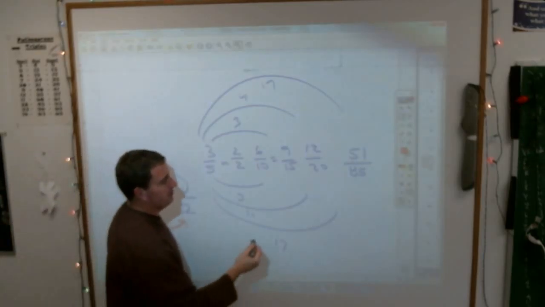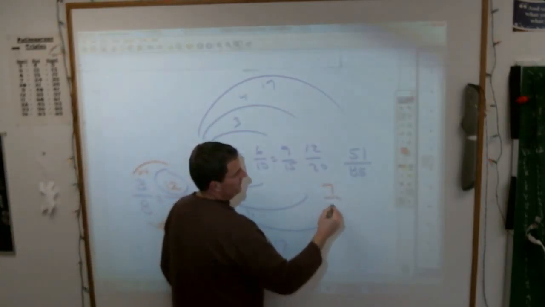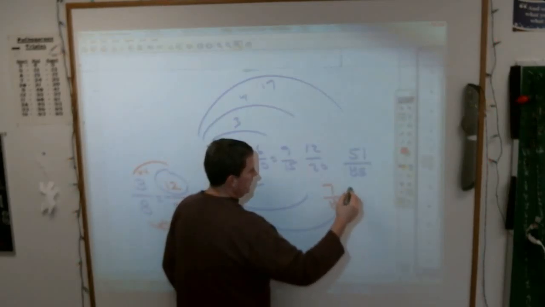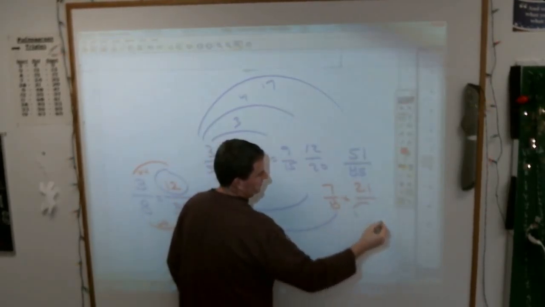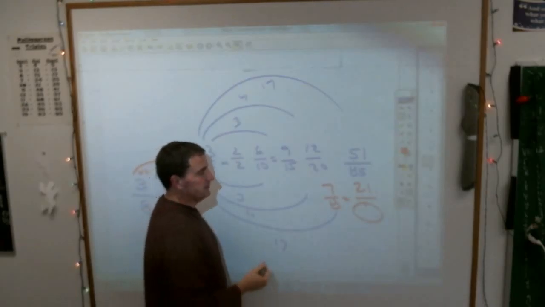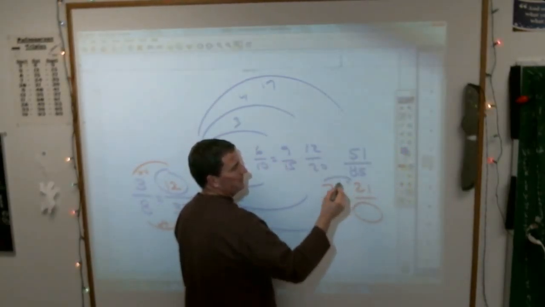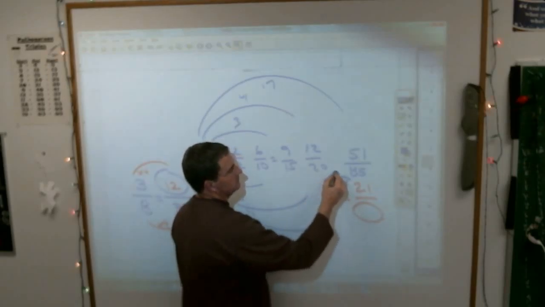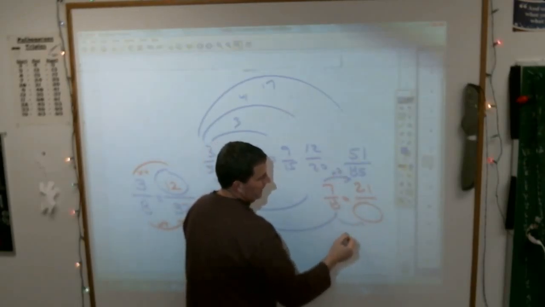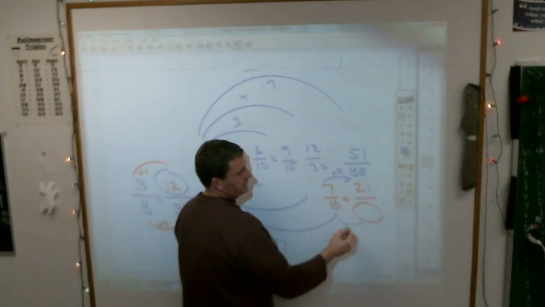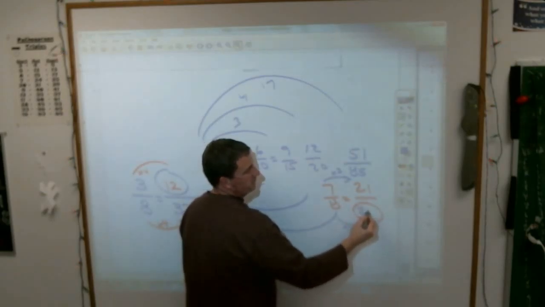Or what if it was 7/8 equals something over 24, or 7 over 8 equals 21 something? I'd love to see these on your paper. You write out the problem like this, and then you go, 7 times what is 21? 3. And 8 times 3 is 24.